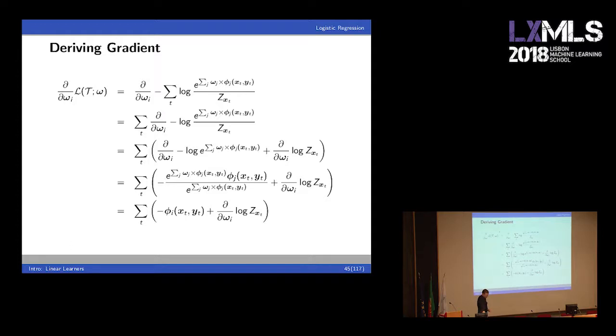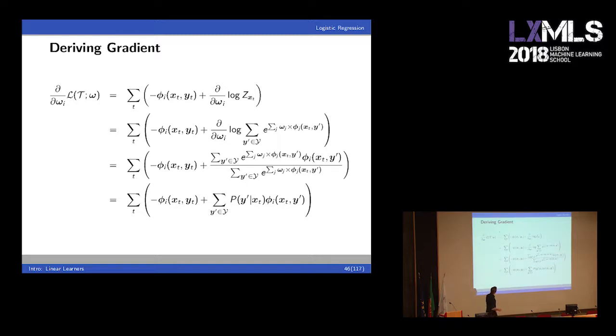And then we do the same for the denominator. So we have to take the derivative of the log normalization constant. The log normalization constant is the log of the sum over all outputs of e up to the linear function. Again, the derivative of log something is 1 over something times the derivative of the inner.